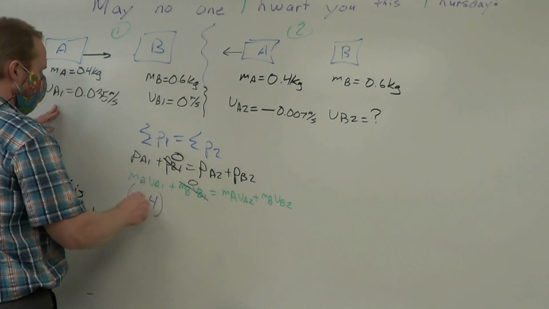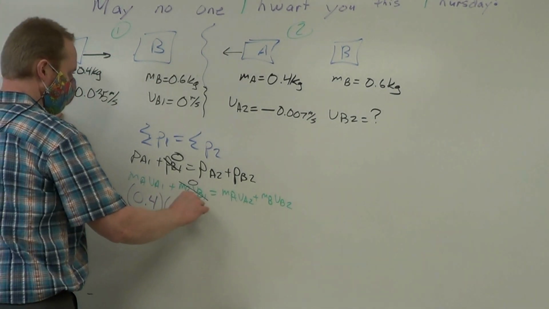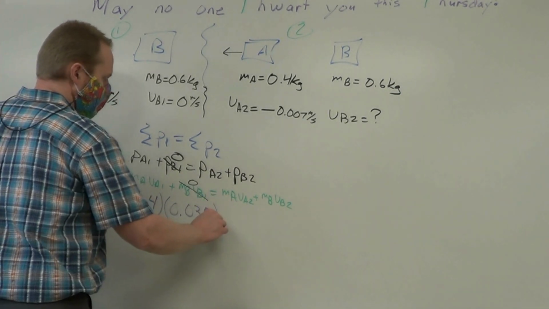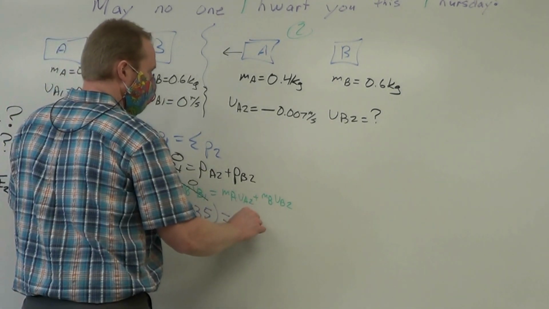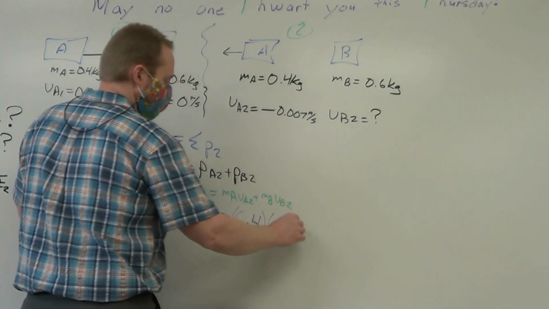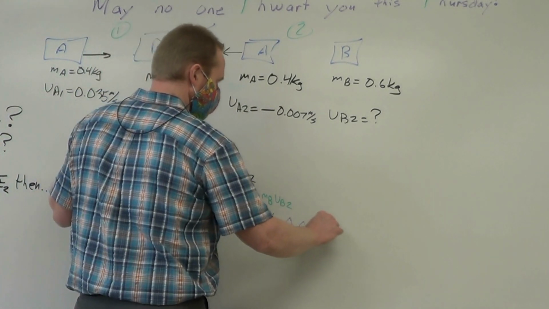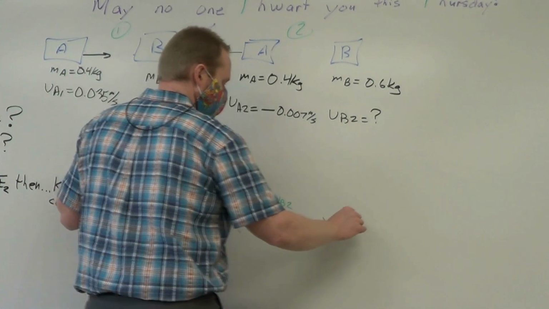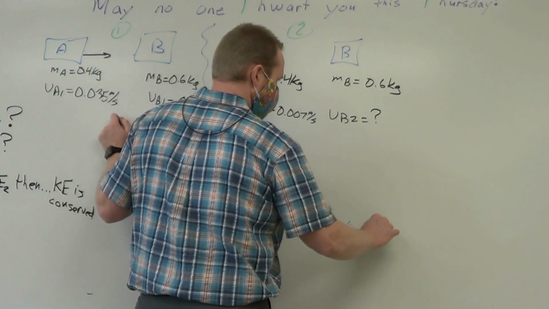0.4 times 0.035 is equal to 0.4 times negative 0.007 plus 0.6 times VB2.